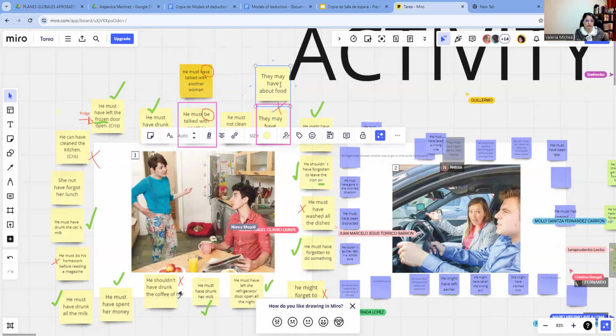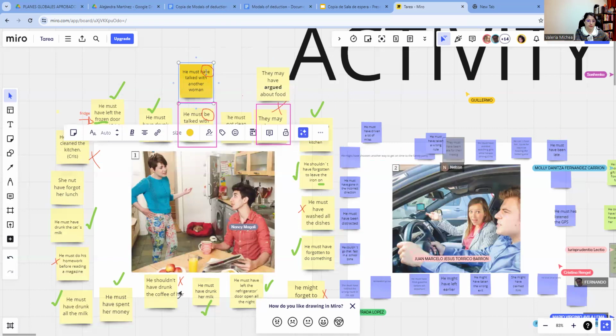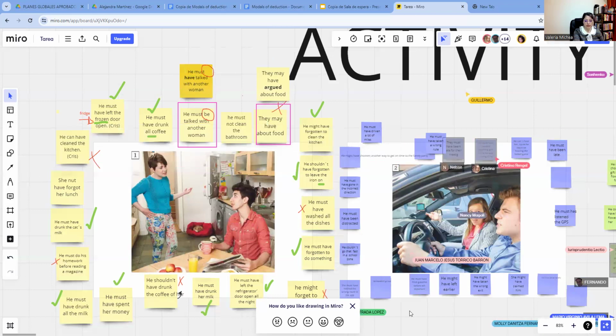They may have argued, maybe argued is better, because a discussion could be something that is not a big deal. So they may have argued about food. Like the previous one, have was the problem.